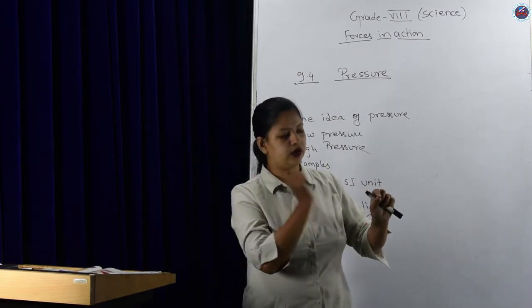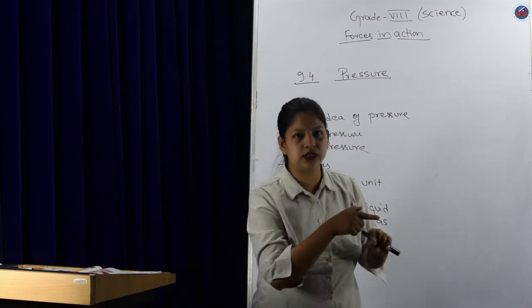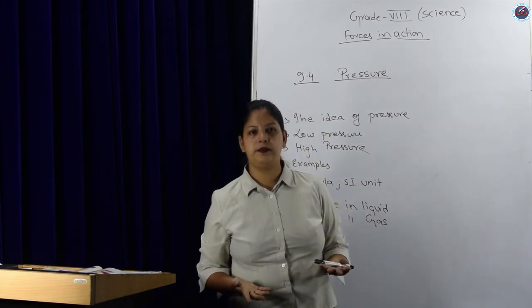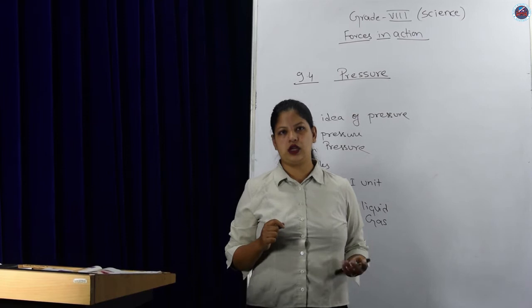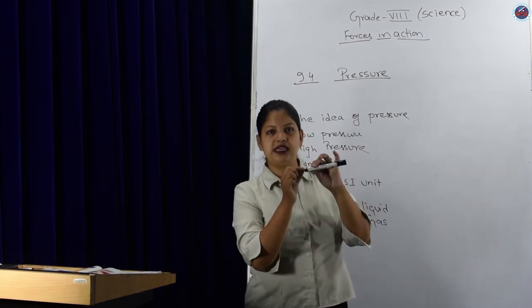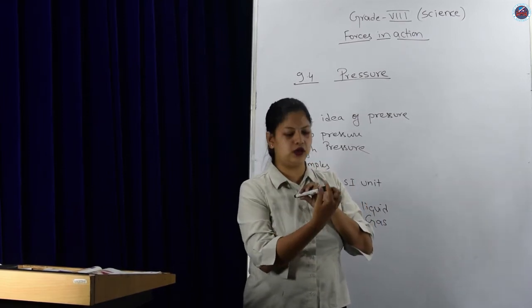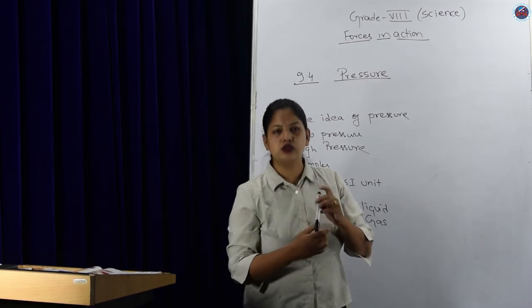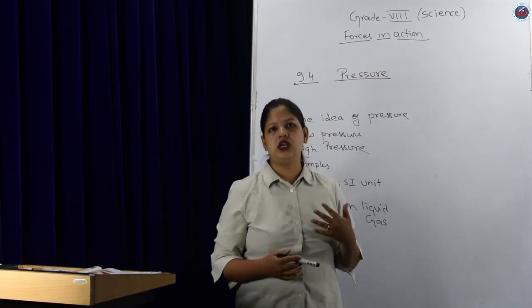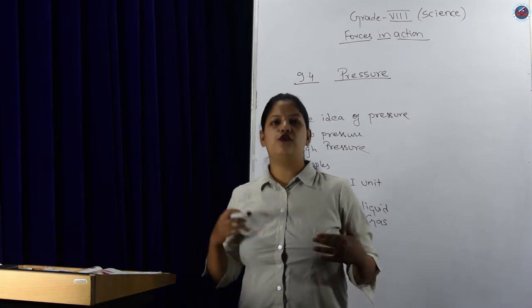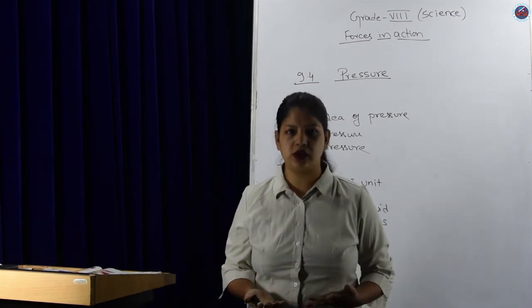So when you are hitting that part, it will not try to enter inside the wall. Why? Because of the area. Now if you see, the pointed one has the least surface area and the other one is a little bit flat. So pressure is how much force you are applying on a certain unit area. That is what we call pressure.